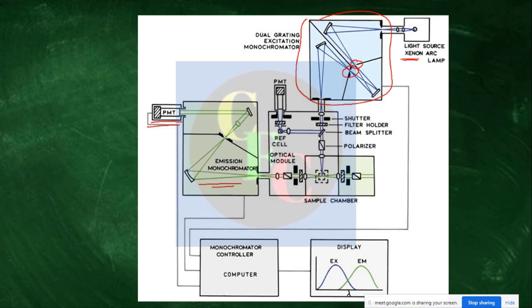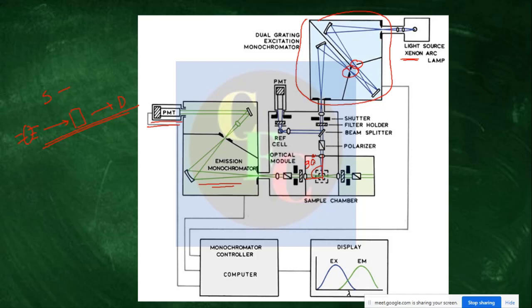You see, there is a basic difference between the UV visible spectrophotometer and this spectrophotometer. In a UV visible spectrophotometer, the source, the sample and the detector were in one line. But in this case, it is kept at 90 degrees. Why is it so?